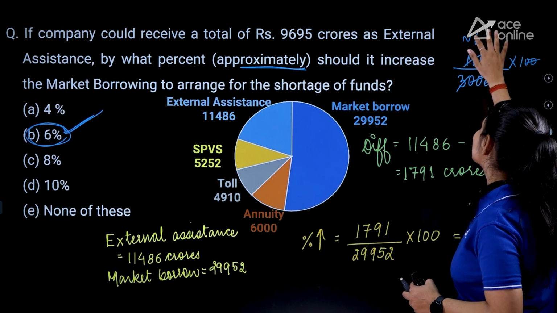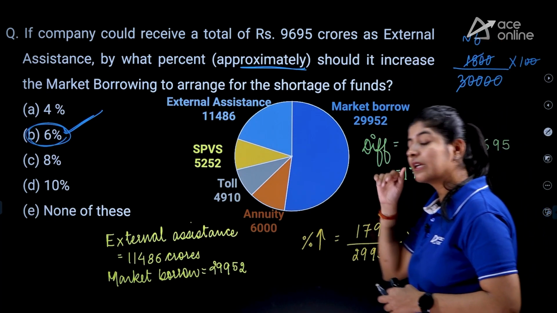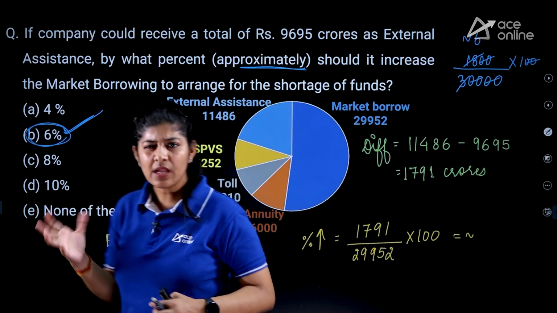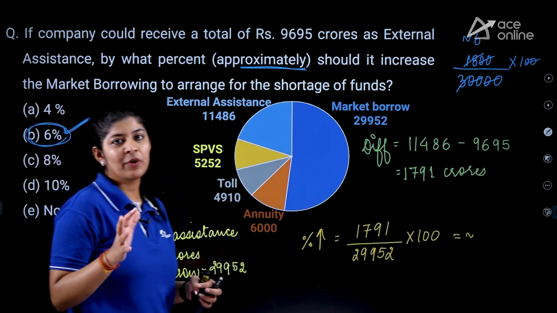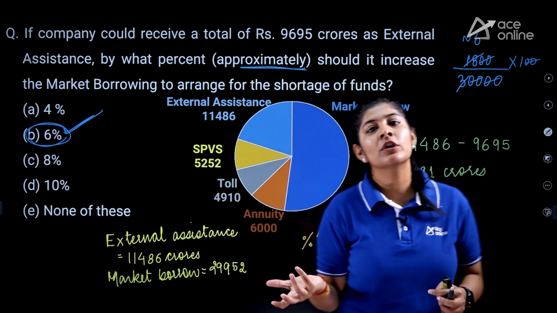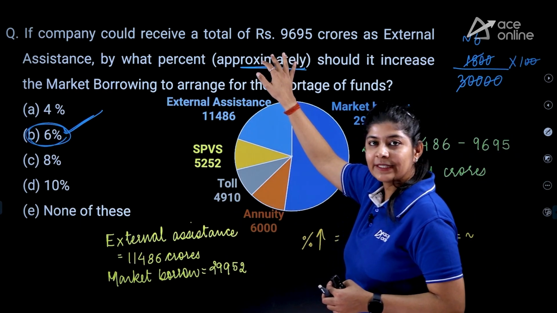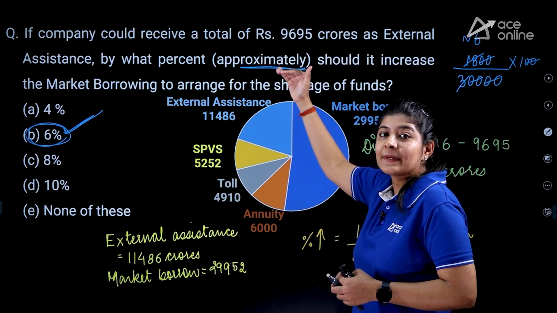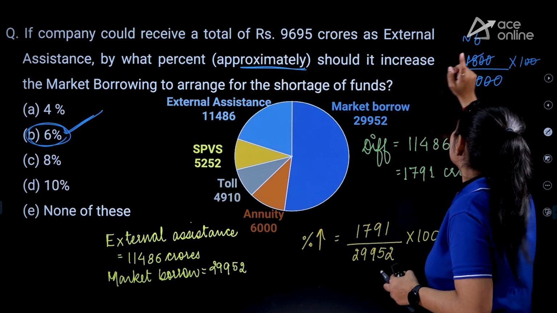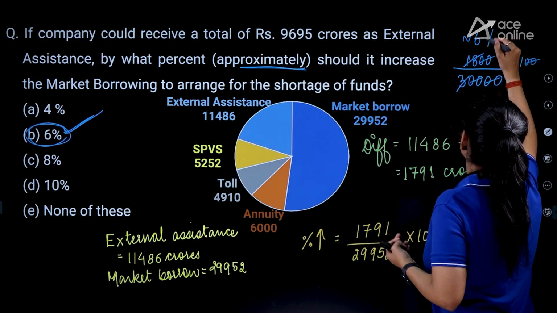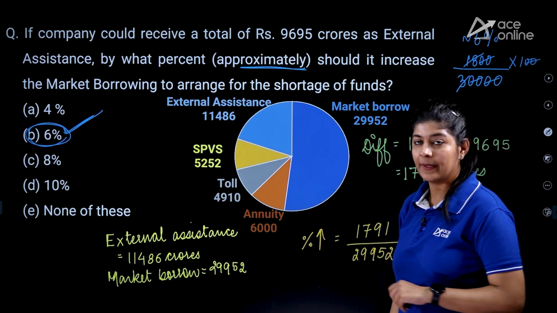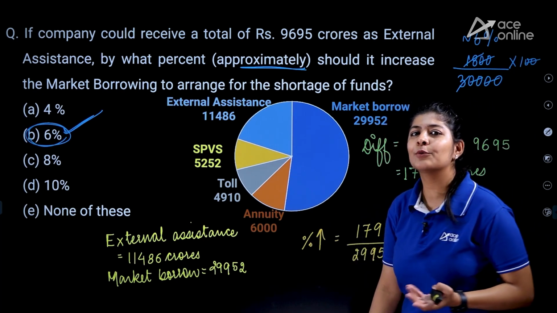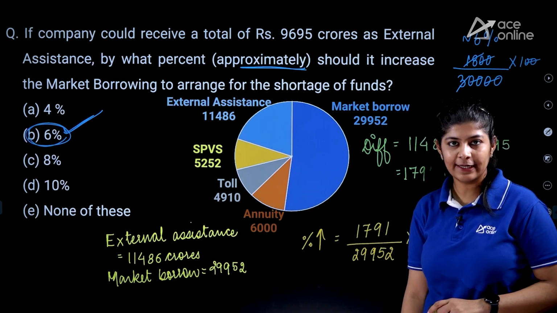It should be nearly 5.8 something or 5.6 something. But we have to focus on the approximate calculation, because it is clearly given in the question. So the correct answer is 6%, that means option B. By this, you can easily do the approximate calculation.